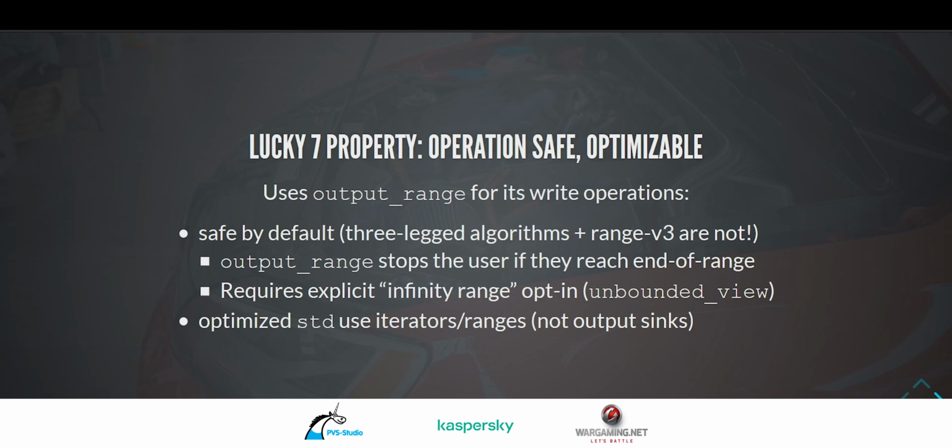This doesn't mean that you can't build a standard library that's based on functions and sources and sinks, but it's much better to use iterators and ranges, and it's also much easier to optimize for them because you can detect when you're working with bulk direct writes, and so do all kinds of crazy optimizations that almost all standard libraries to this day do when you're dealing with fill or copy or anything like that. So it's very important to take advantage of that and to continue that legacy by using output range to its fullest potential here, despite the fact that range-v3 and std::ranges and other things don't do that.